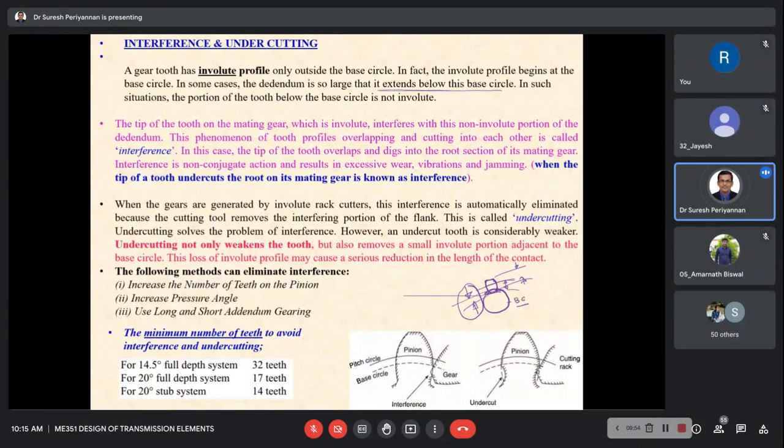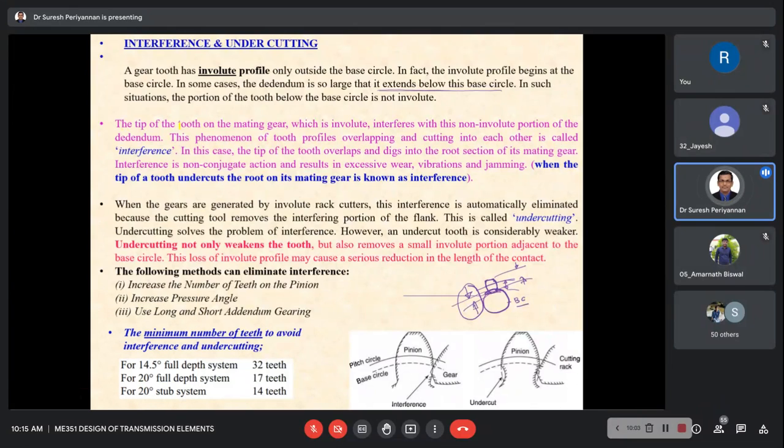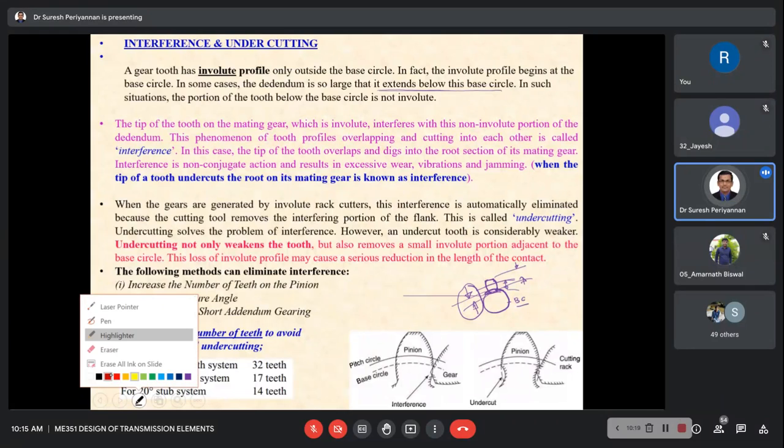Now see here. The tip of the tooth on the matching gear, which is involute, interferes with this non-involute portion of the dedendum. Now, for example, see this figure.